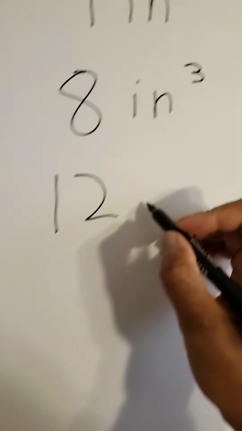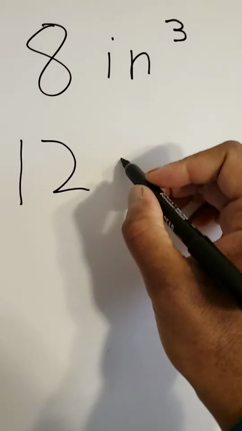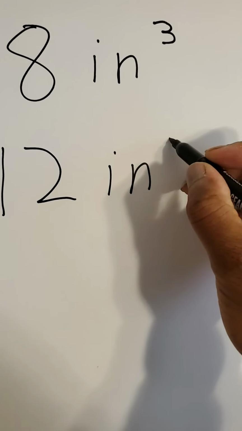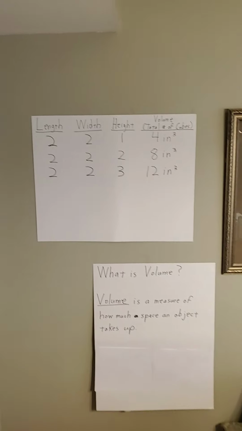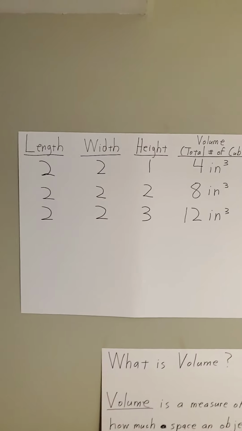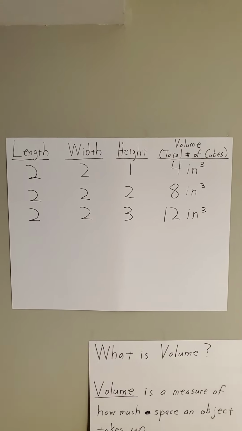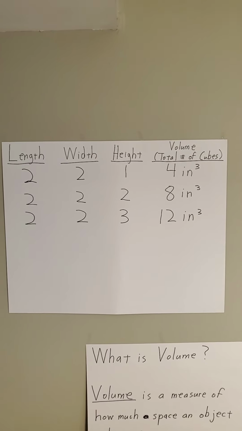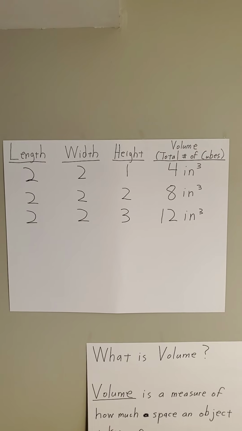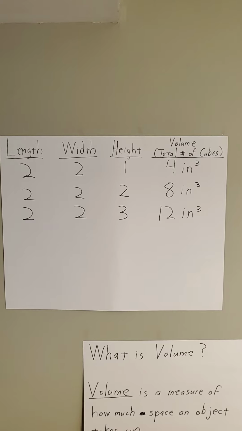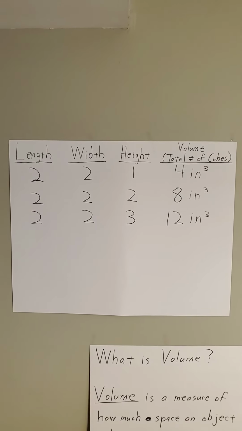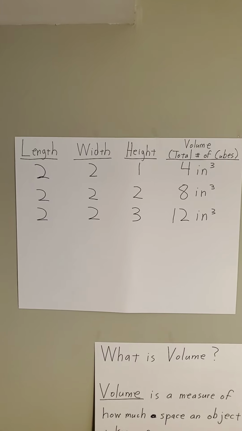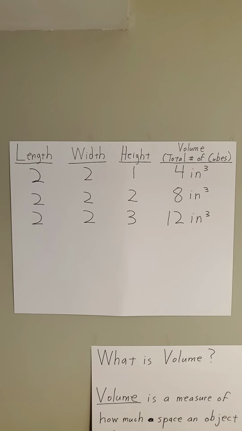So our new house is 12 cubic inches. Now I want everybody to look at this chart. And I want everybody to take a very close look. What pattern do you notice when you look at this chart?